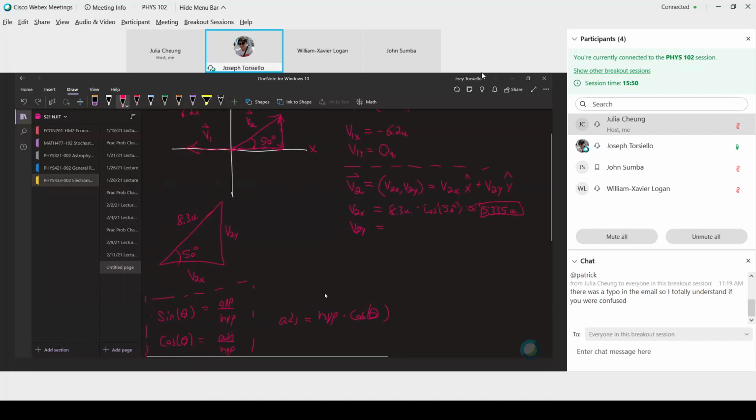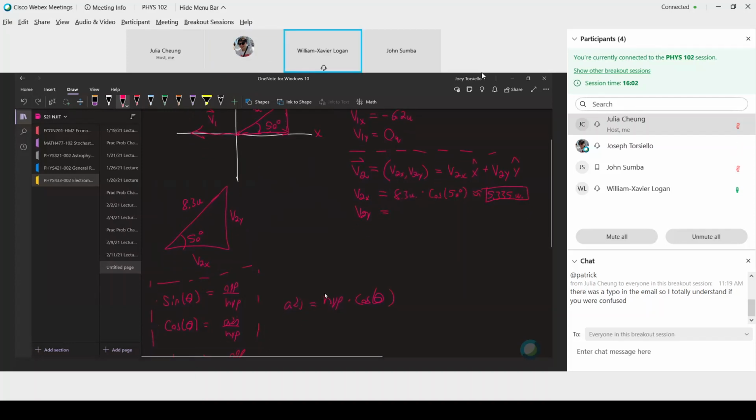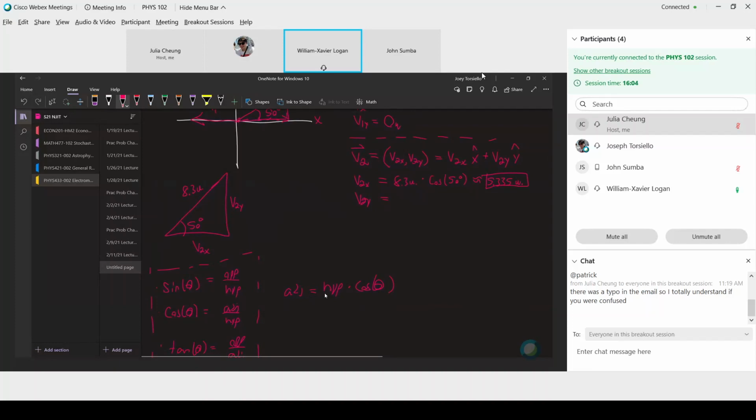Now, can anyone tell me how they would get the y component? Wouldn't you need to use sine, since you have the angle and the hypotenuse, but you need the opposite length? Exactly. That's what you would use.